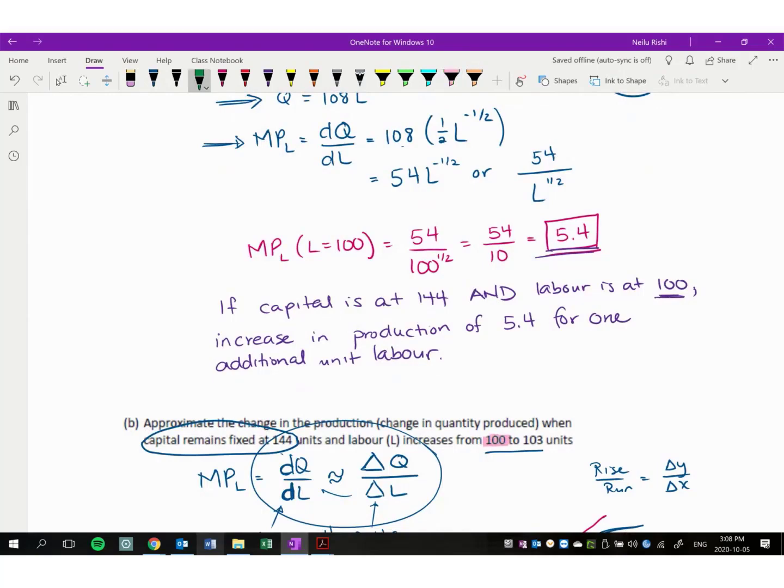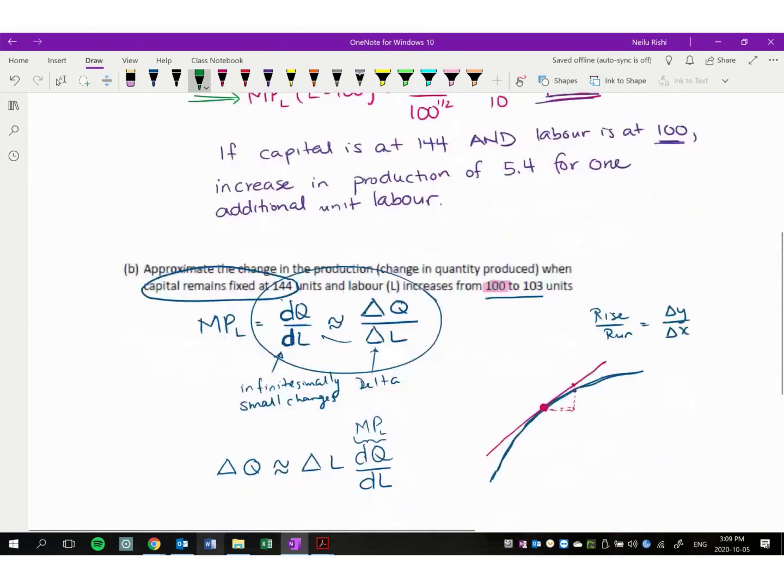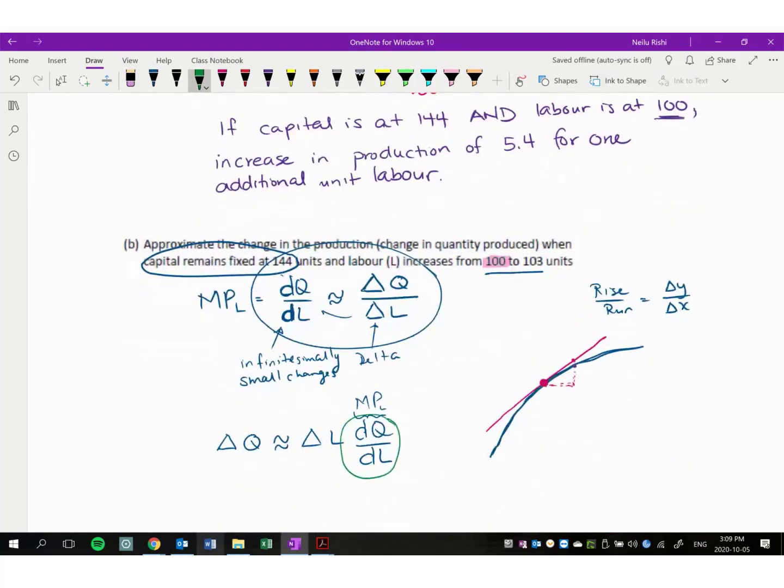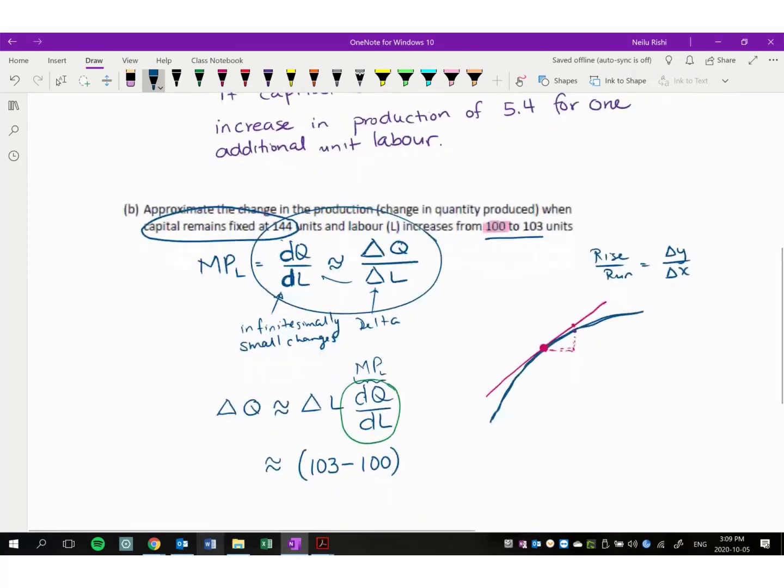That's this. That is that derivative that I need to do this estimate. So we've already come up with that value. So what I'm going to have here is the change in labor from 103 to 100 units. That's the change in labor based on dQ/dL at labor equal to 100, which is 5.4.